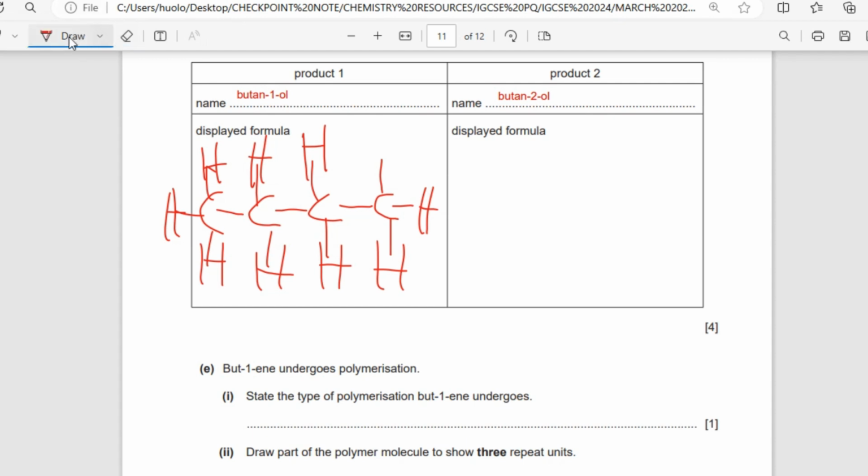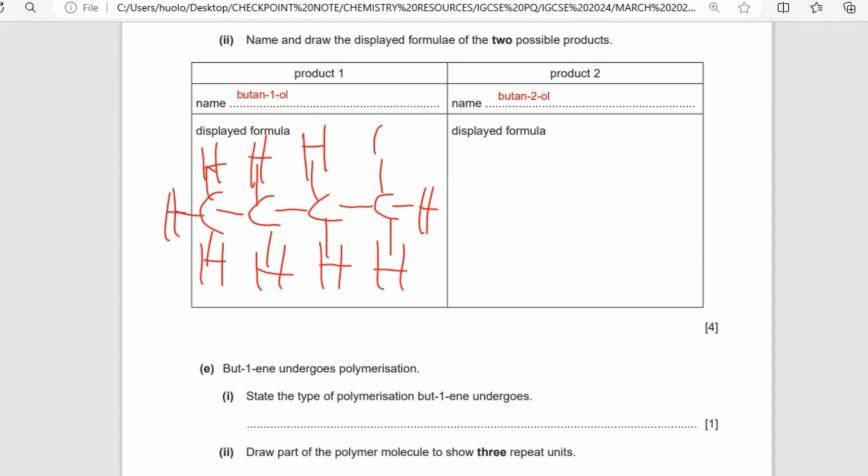Separate the bonding. Okay, so you have O here, then you have hydrogen attached this way. So this is the display formula. All the bonds are shown: oxygen connects to hydrogen, oxygen connects to carbon, single bond.